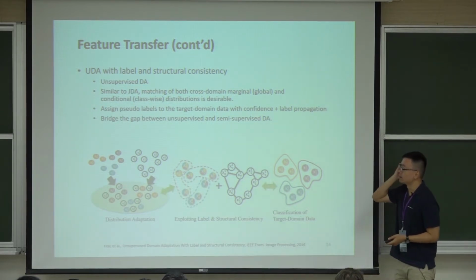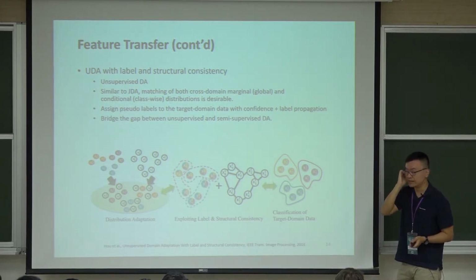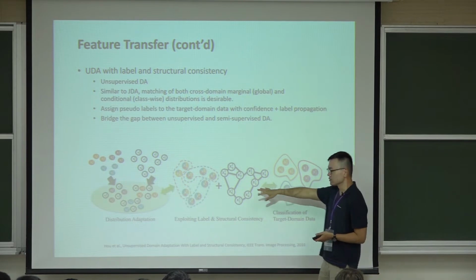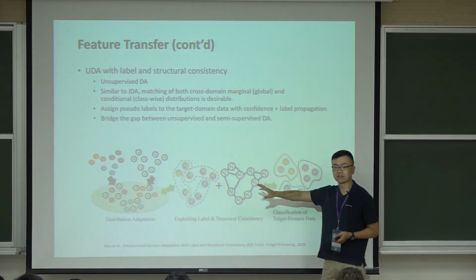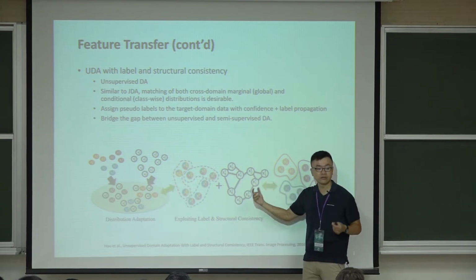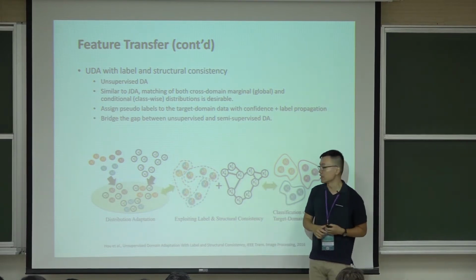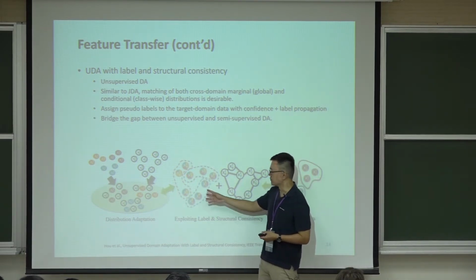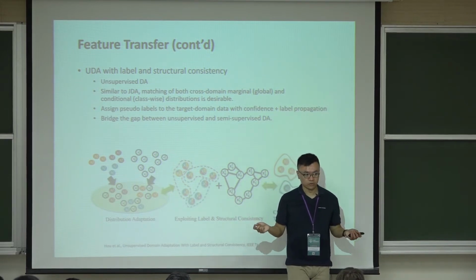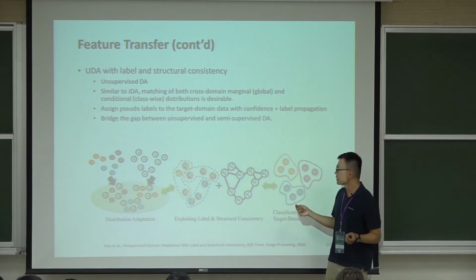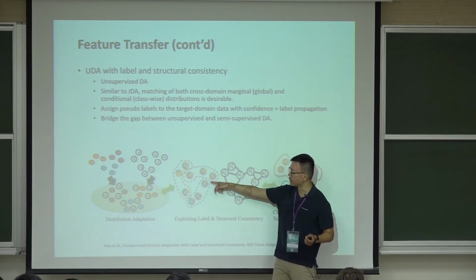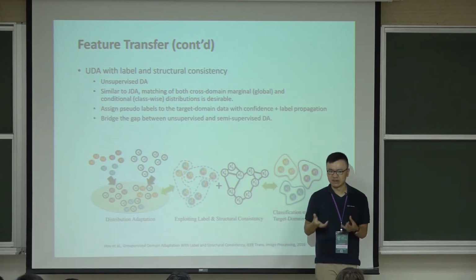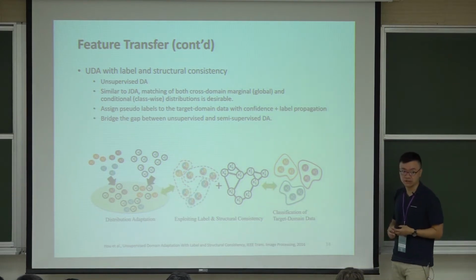Okay, and for the unsupervised case, not only to predict the pseudo labels, another possible way is, can we consider the local structure, the local information of your target domain data? For example, after you predict the pseudo labels for the target domain, can you refine your prediction based on the neighbor information, the locality information of your target domain data?